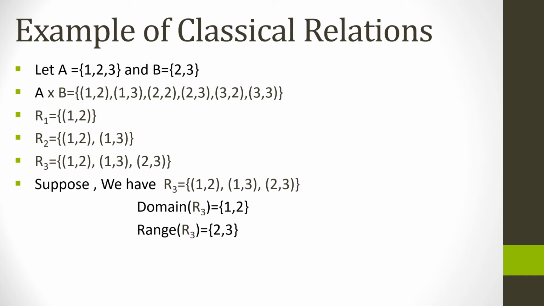Now next, 2 is the first element of the third ordered pair, so here 2 is taken. Now how to calculate range? Range means the set of second elements of the ordered pairs. You have taken 2 from the first ordered pair, then taken 3 from the second ordered pair, again 3 is repeated, so 3 is skipped here.